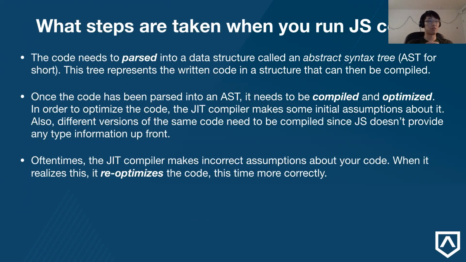And what that basically means is when the compiler realizes it made an incorrect assumption, it needs to correct for that. So the code needs to be unoptimized, and then it needs to go through more cycles to figure out what is the correct way to actually optimize this now. And that's what it does when it's re-optimizing your code. So as your code executes, it does get more and more optimized, but it takes time for that to happen as your code is executing.